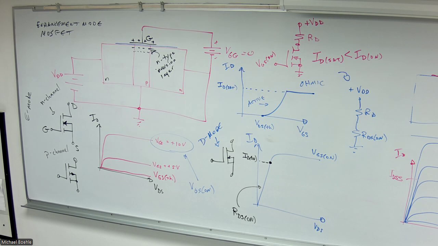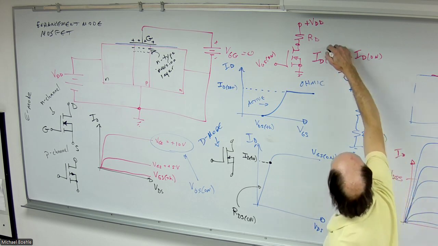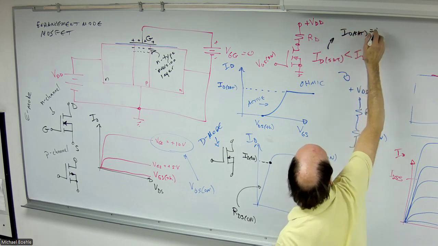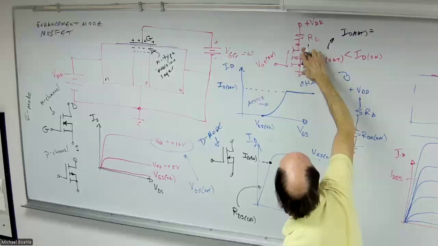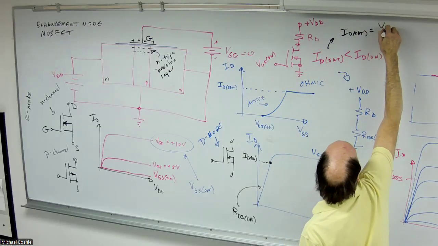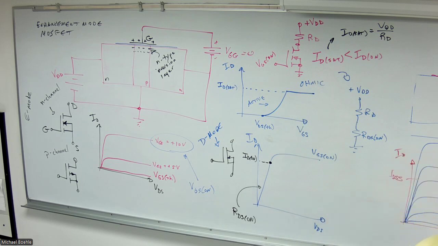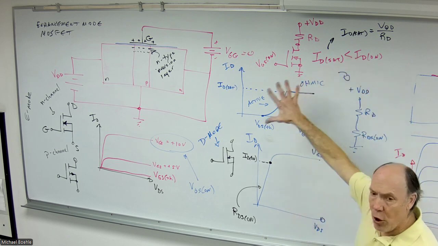Of course, keeping in mind, right, that drain saturation current is the amount of drain current that would result if this were shorted, which is nothing more than the drain supply voltage divided by the drain resistance. That's how I get into the ohmic region.